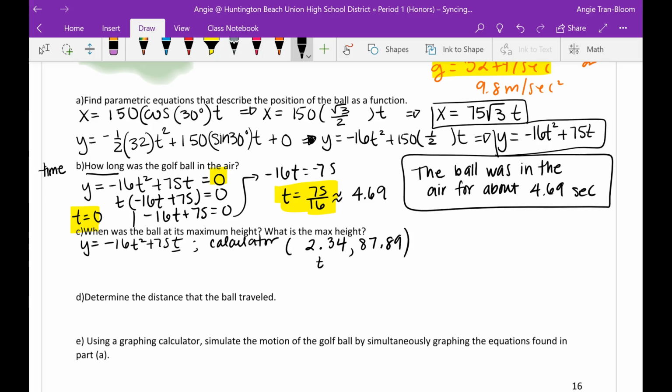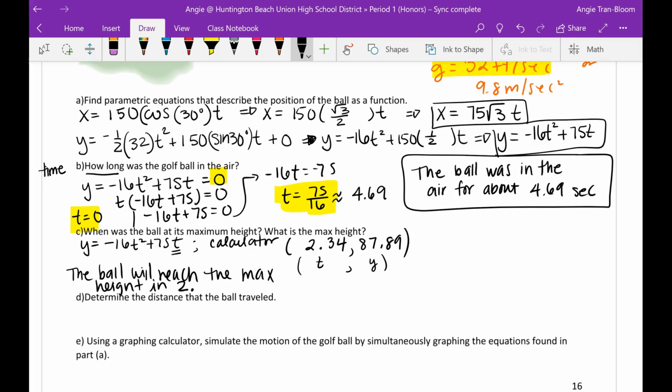Because remember, this is a function in terms of time, and this is how high the ball is. So you kind of have your value already. So let's write it down. The ball will reach the max height in 2.34 seconds. So that's one part of the question.